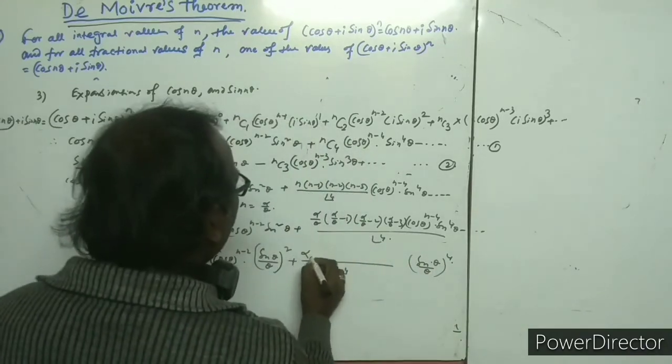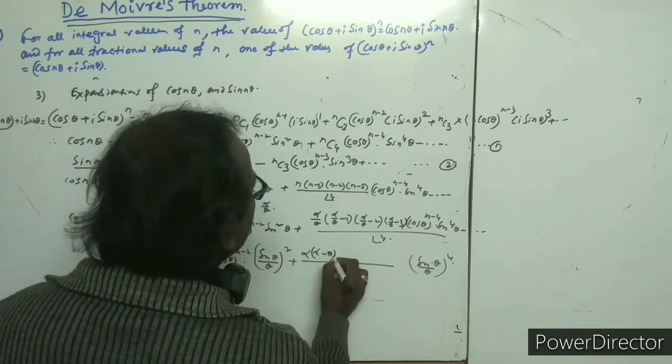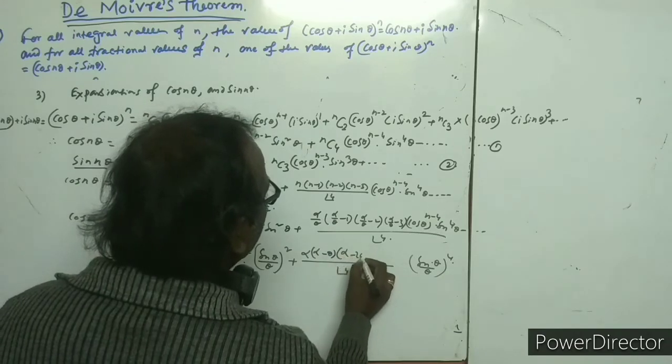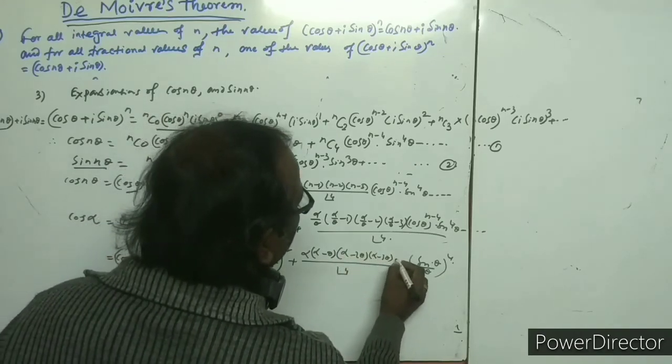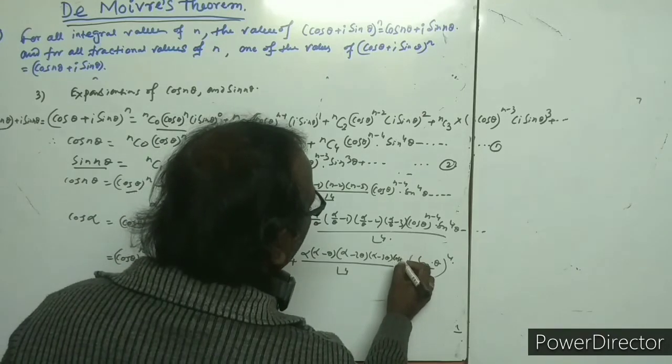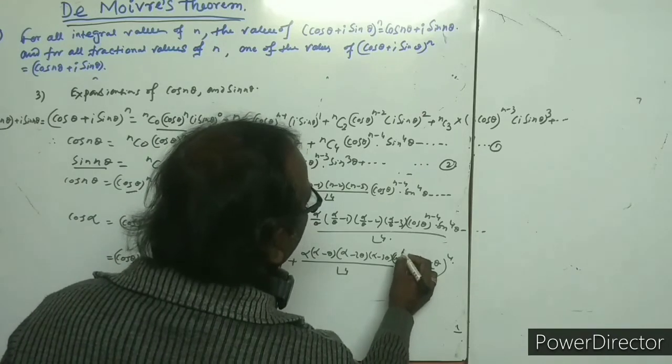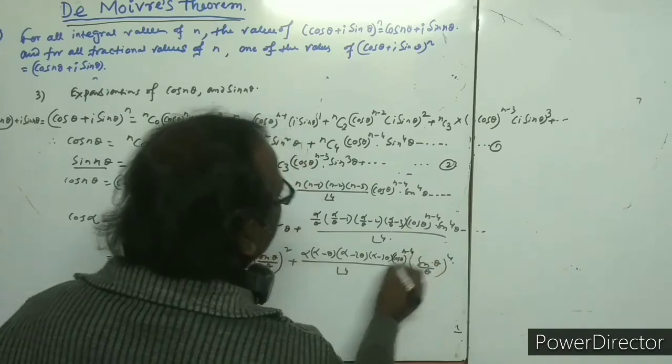So now again here alpha minus theta, alpha minus 2 theta, alpha minus 3 theta, and into here cos theta to the power n minus 4.